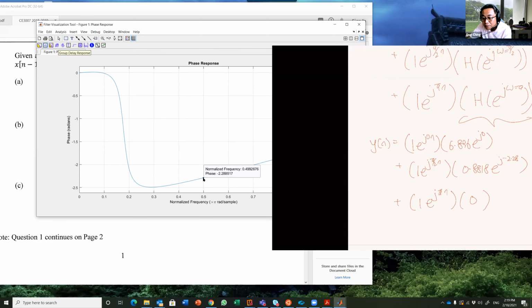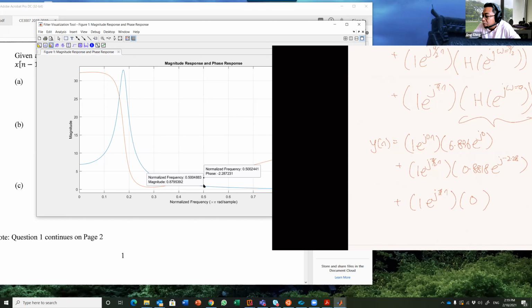Sometimes you will click this third button, which shows you the magnitude and the phase together. So I'm interested in 0.5 pi radian. Okay, so 0.87, 0.88 something.